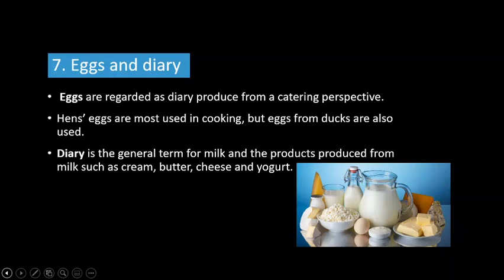Dairy is a general term for milk and the products produced from milk such as cream, butter, cheese, and yogurt. So you all know that these are the products available here. We all use these, and these cream, butter, cheese, as well as yogurts are all made from milk. Again, a product which is very much familiar to all of us.